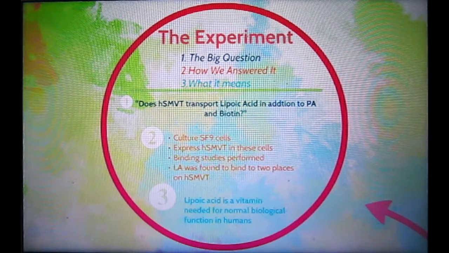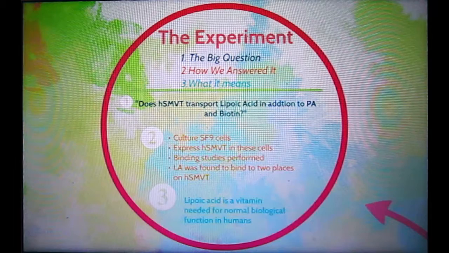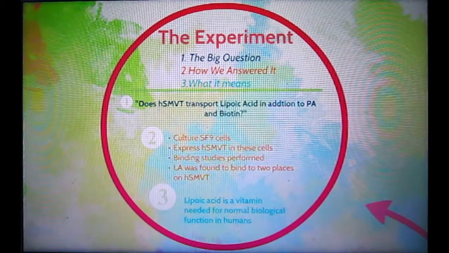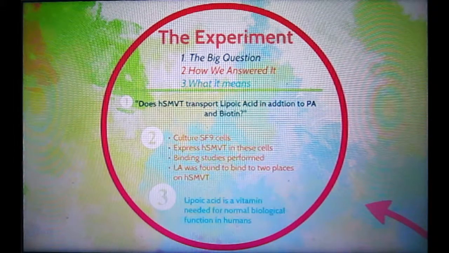To express means that we used bacterial transformation to take the gene of interest, the gene that tells the cell to produce the protein HSMVT. We transfected the SF9 cells with this, so the SF9 cells would in turn produce the protein, HSMVT. After that, the HSMVT was purified and isolated from the cell, and then binding studies were performed in a radioisotope lab.